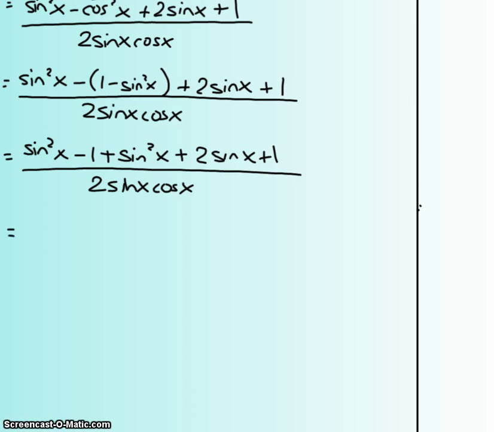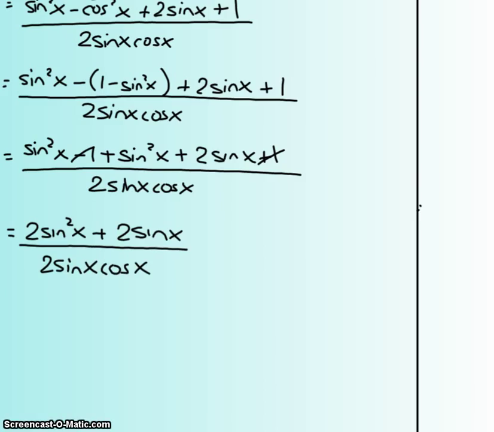Okay, so we have 2 sine squared, 2 sines, and then it looks like the ones kind of cancel out. Alright. I have a good idea. All these sines on the top are a good thing because it looks like the right-hand side, but there's that sine on the bottom that I need to get rid of.